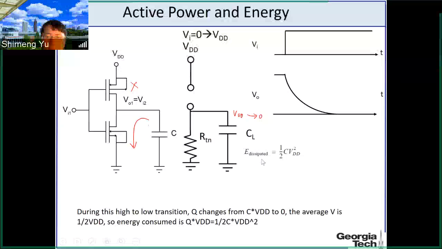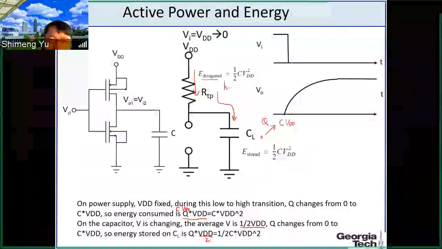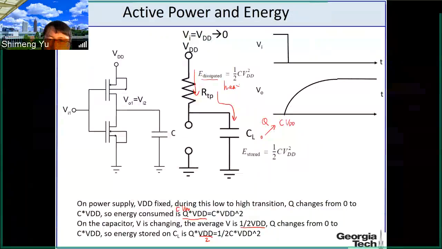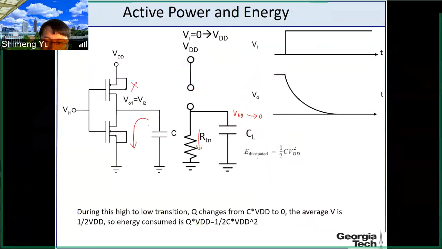That means all the energy stored on this cap previously, this half C VDD squared, will be dissipated in this half cycle as heat through the NMOS. So this is heat, and again this is heat.